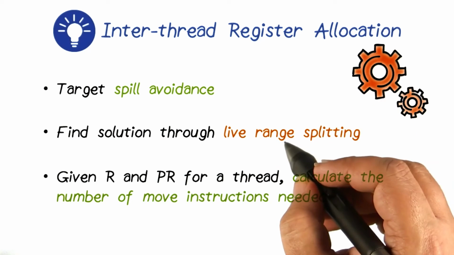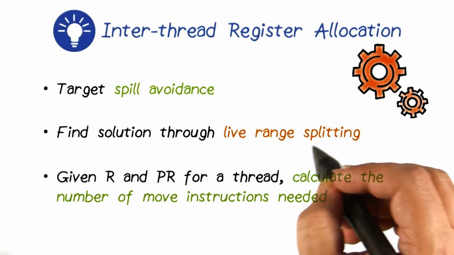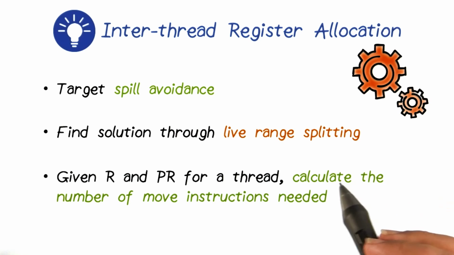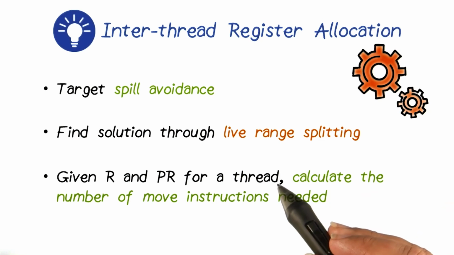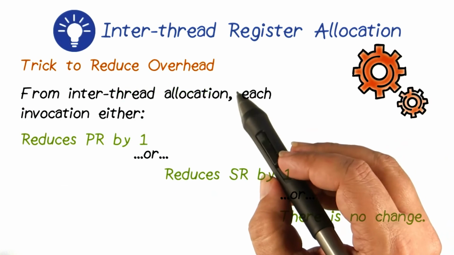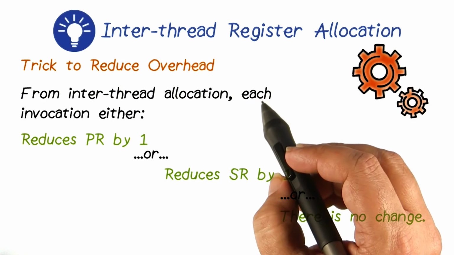typically, the solution is found by live range splitting, especially for the boundary interference live ranges to reduce the register pressure. So what we do is, given the total register pressure requirements and the number of private registers that are needed, calculate the total number of move instructions that are needed, and then we do certain ways of reducing the register pressure from inter-thread register allocation.